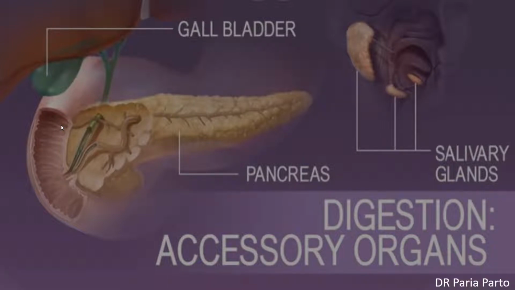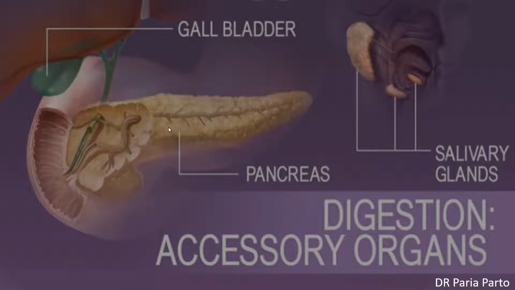It opens to our duodenum alone before hepatopancreatic ampulla. This duct doesn't have a sphincter and it's open all the time and helps the pancreatic juice to come to our duodenum.